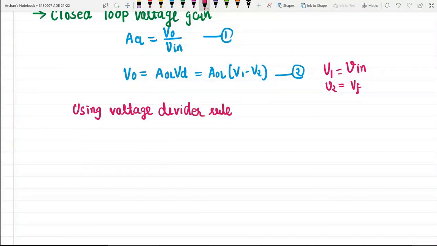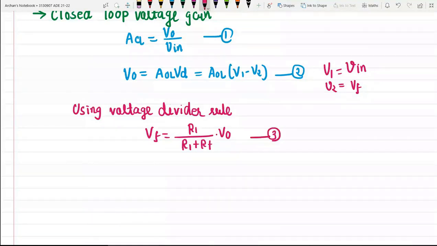Vf is given by R1 upon R1 plus Rf times V0. So this is the equation. We will call this equation number 3.